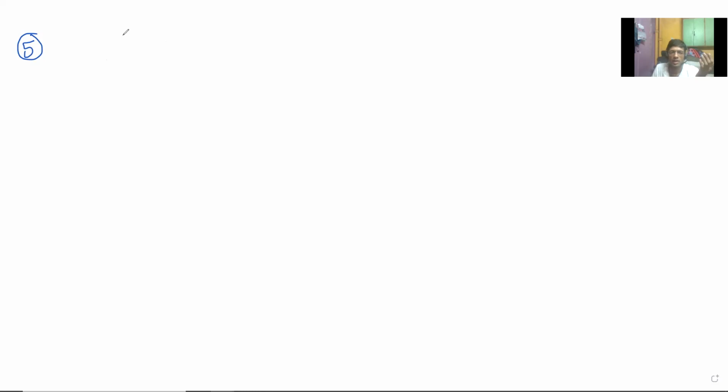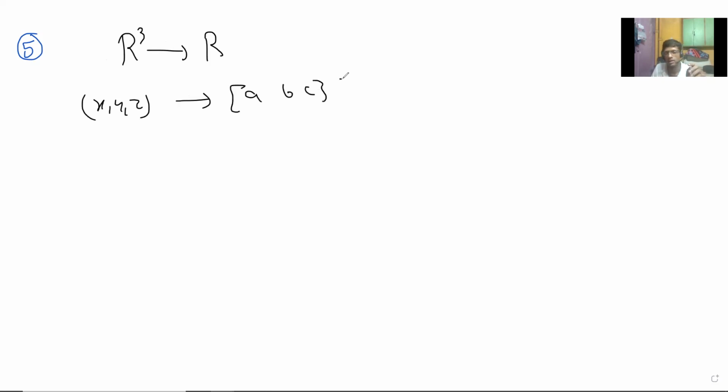Certainly if you're looking at functions from R3 to R, then obviously functions which take an input x, y, z and multiply it with a matrix like this are your most obvious functions. Or you can just write it as ax plus by plus cz. These are your most obvious examples. And we had shown in the class that this is the only example. So any function which is linear as defined in the question can be written in terms of a matrix.